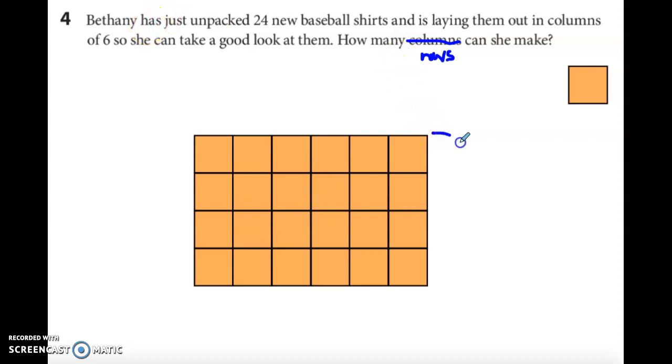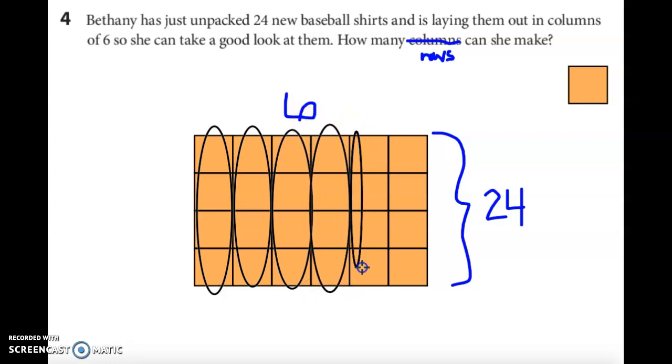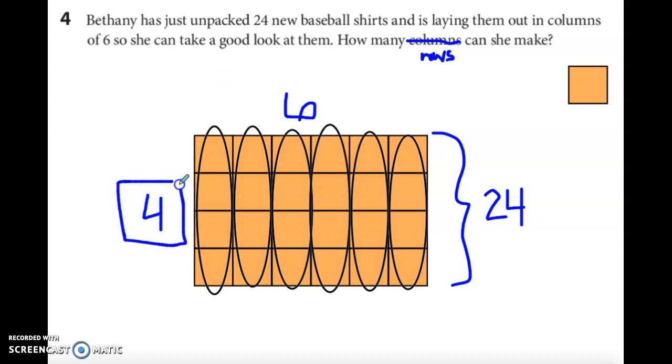We know that there's 24 in all. And if she has 6 columns, how many rows of shirts can she make? So again, this time we are emphasizing columns and we're finding how many rows of shirts can she make if there are 6 columns. So here emphasizing 6 columns and we find that she can make 4 rows of shirts.